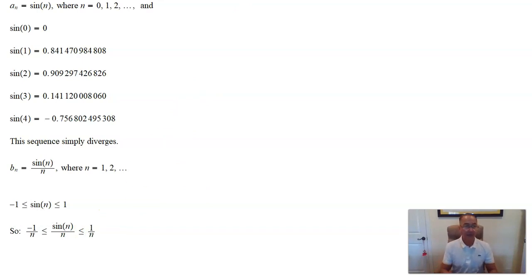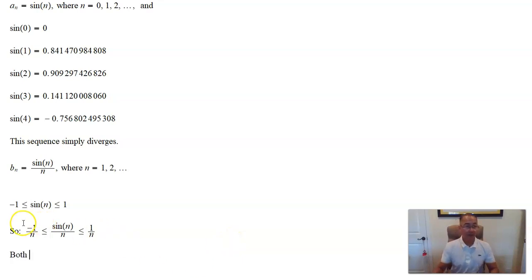Okay, so you know where we're going? We saw this a couple of minutes ago, maybe 30 minutes ago. We have the terms of our second sequence between -1 over n and +1 over n. But 1 over n, we know that goes to 0. -1 over n also goes to 0.